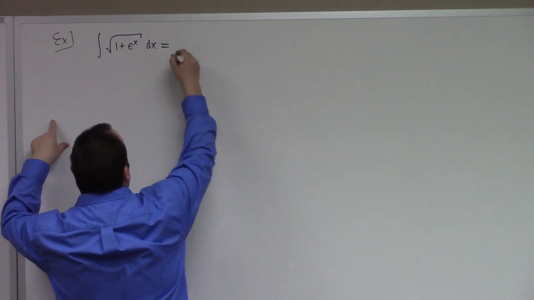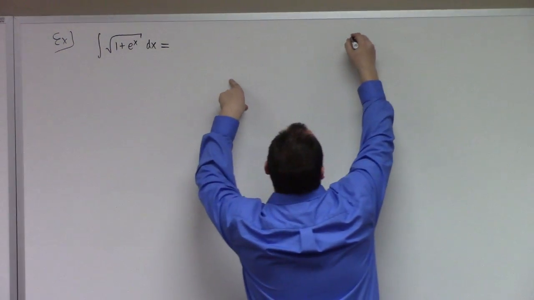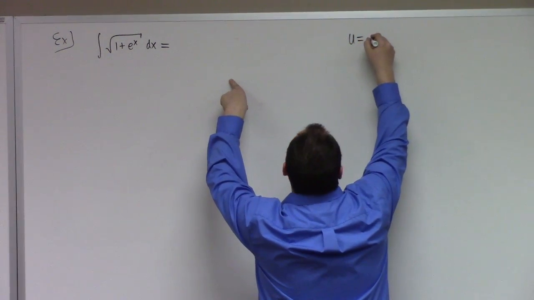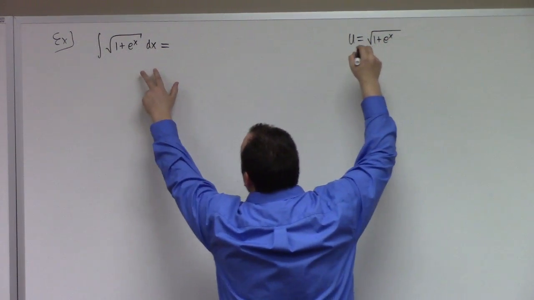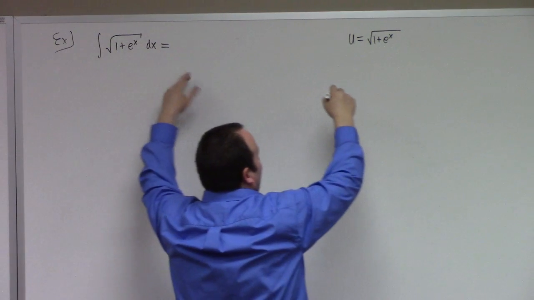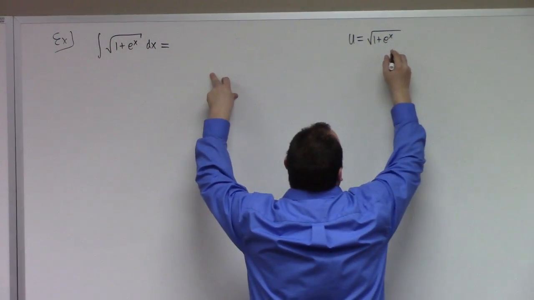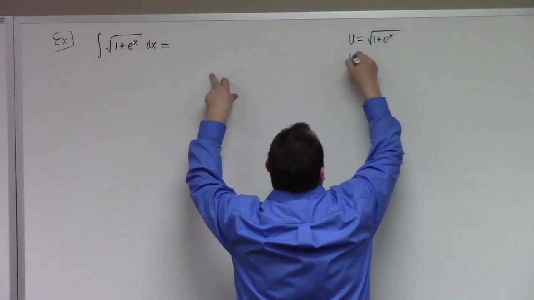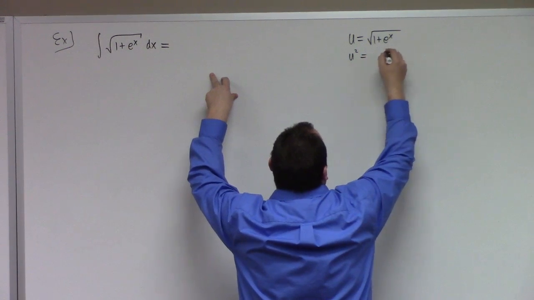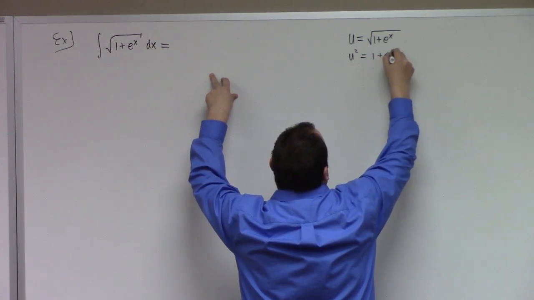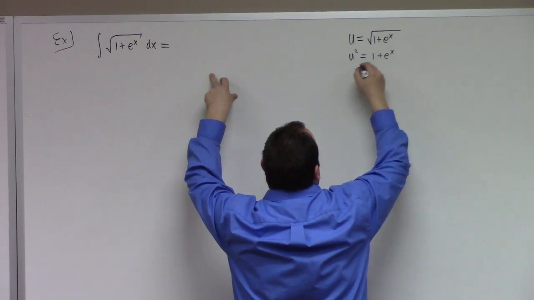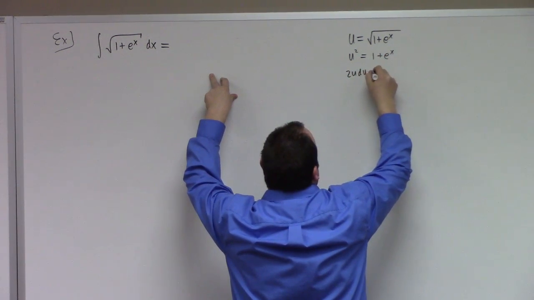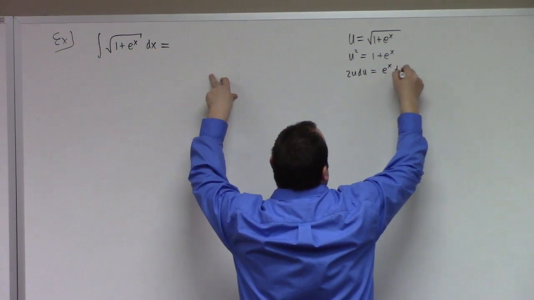All right, so this one, what we do is we let u equal the square root of 1 plus e to the x. Now, of course, that will remove the radical, right? So u squared is 1 plus e to the x, right? So let's see here, what do we have? 2u du is equal to e to the x dx.